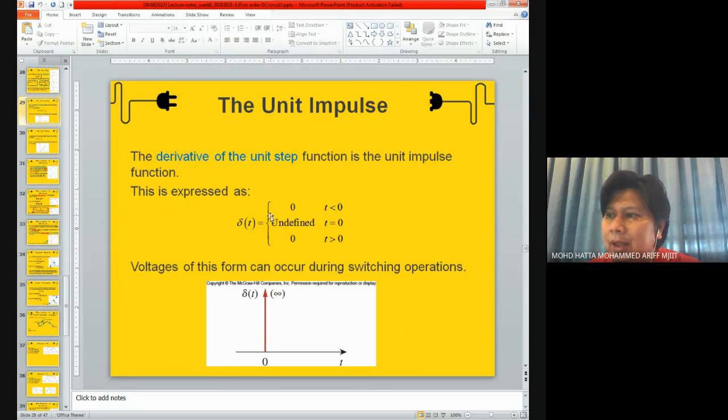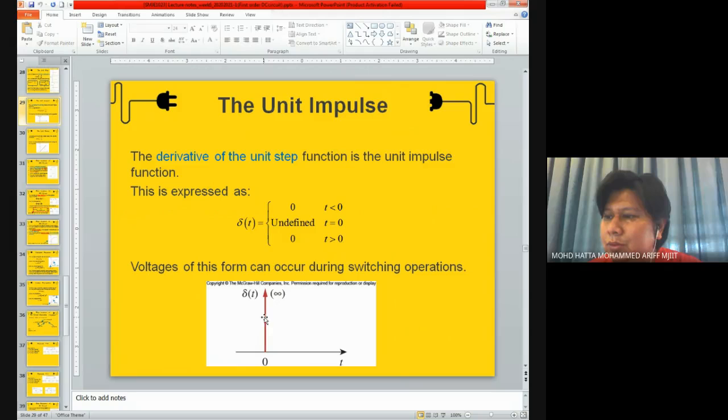So here at t less than 0, the response is 0. At t greater than 0, the response is also 0. And it is undefined, or the value is too big, at t equals 0.